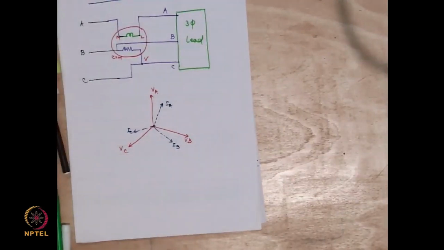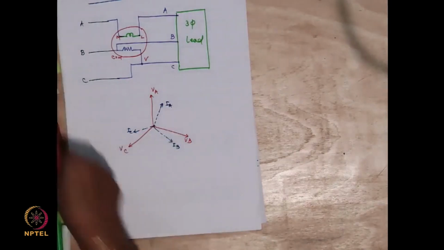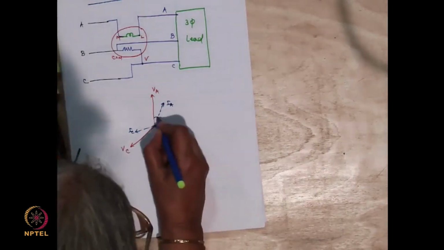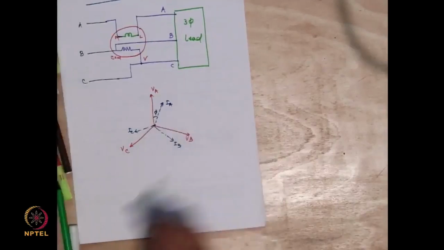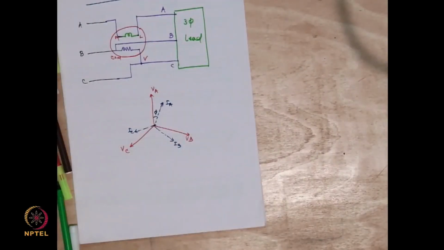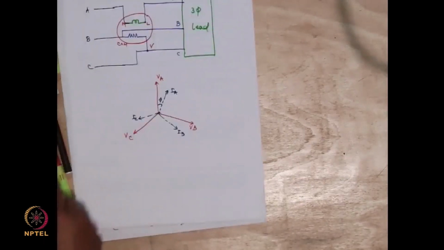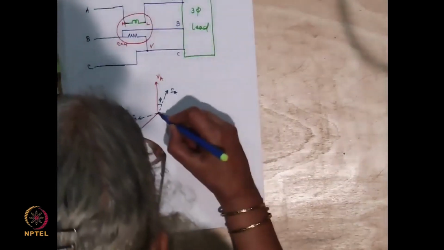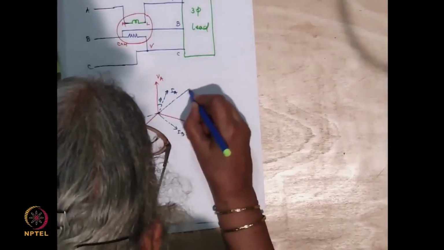Right? Let me take the power factor angle. Please note it is a lagging power factor angle. So this is some phi I am having as the power factor angle. Right? What I am applying to my voltage coil or potential coil is VBC. So I should essentially write this as, this is C. So let me take this on the other side.